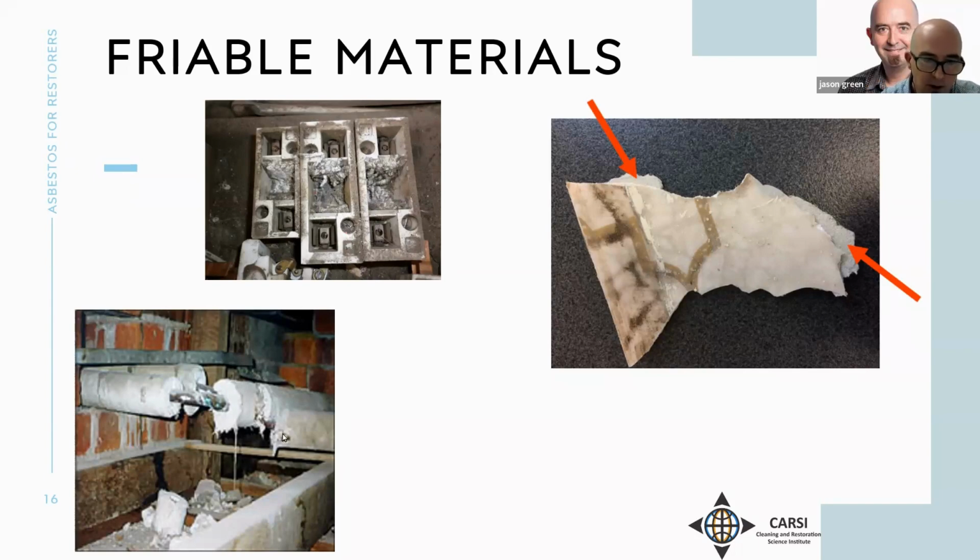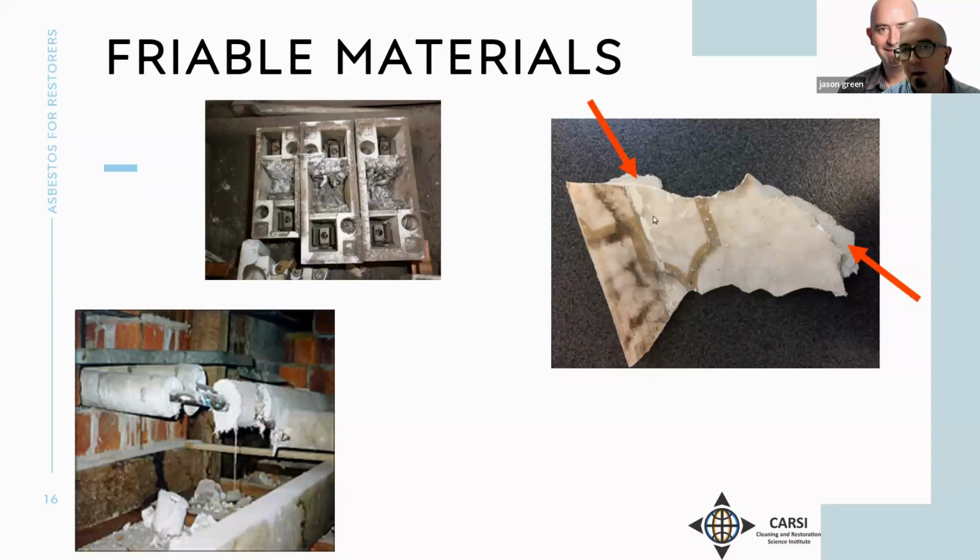Obviously, there are your classic asbestos lagged pipes, very common in commercial and industrial buildings and hospitals, which were used to insulate the pipes, either in the wall cavities, roof cavities or subfloors.